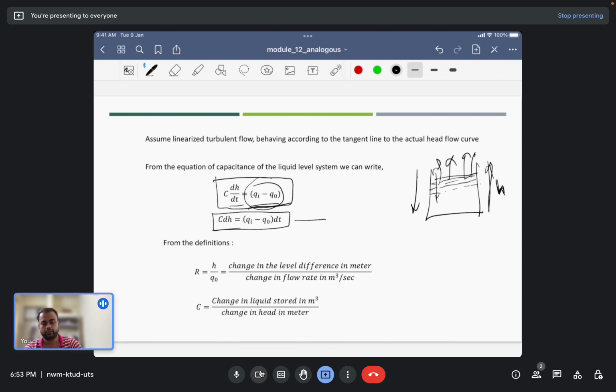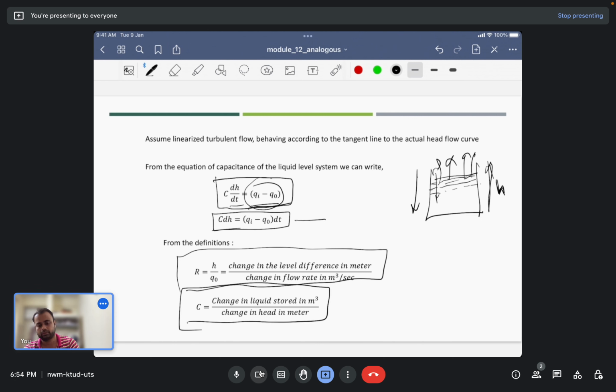Now from the definitions, capital R is defined as the change in the level difference in meters divided by the change in flow rate in meter cube per second. Meter cube per second is the volumetric change per second. C here is defined as the change in the liquid stored in meter cube, the volumetric change, divided by the change in the head in meters.